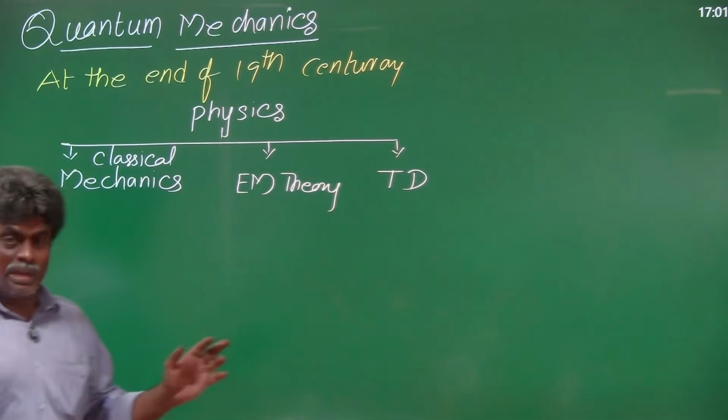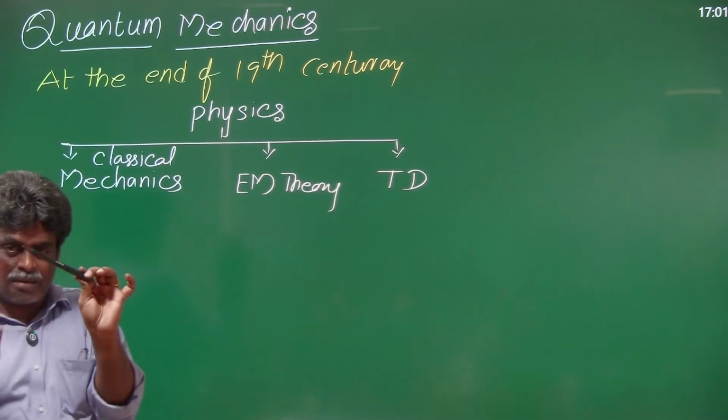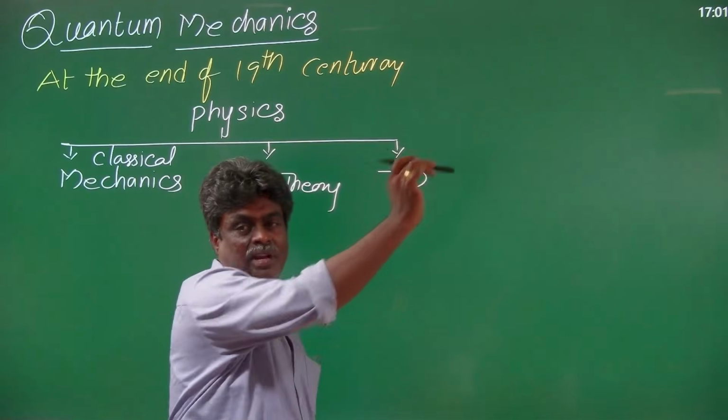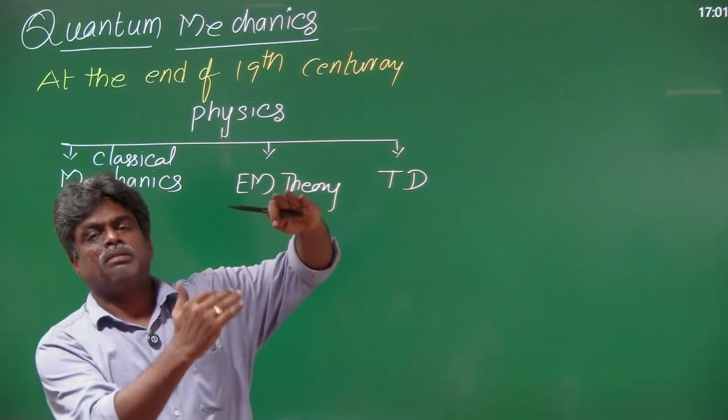Now, could you please tell me, in classical mechanics, what will you study? The dynamics of matter. For example, I have this pen. This is a mass, a material particle. If I throw this with some velocity, it is moving in a projectile path.